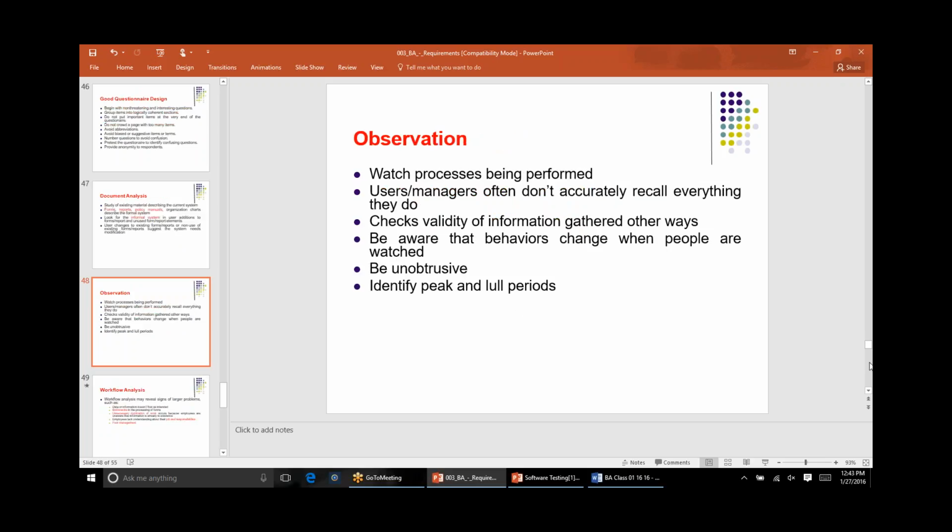Observation. Another important part is observation. Watch the processes. I will give an example. We were defining a system for a warehouse, and we actually visited the warehouse. We took a tour of the warehouse.